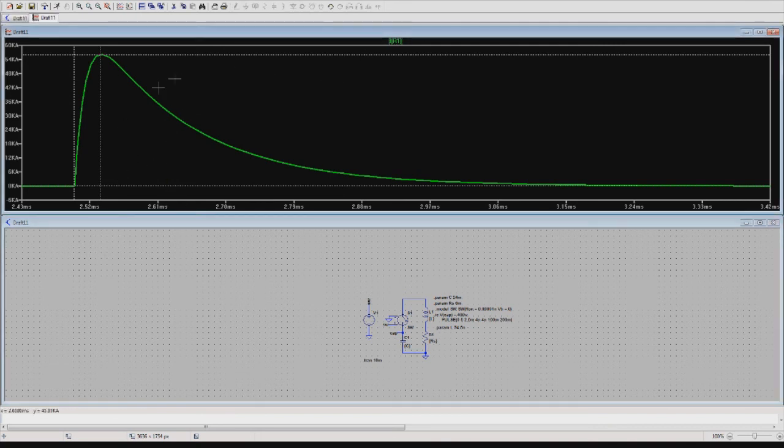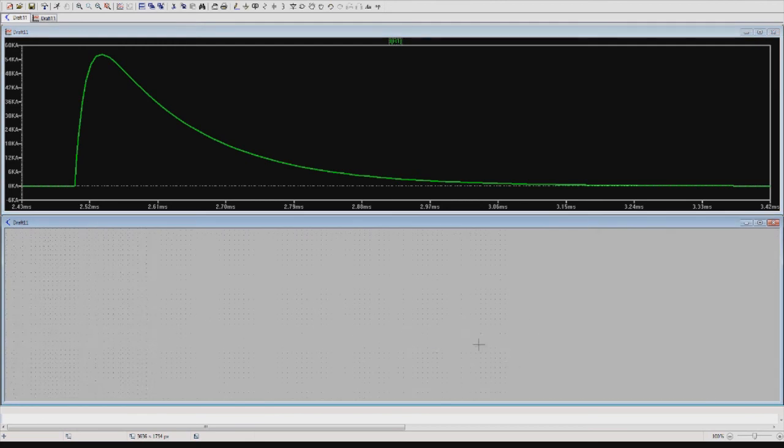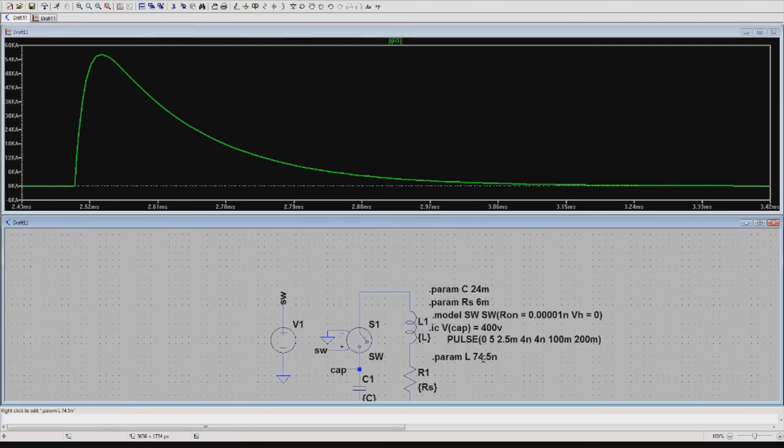And I'm going to copy this curve and show you what the waveforms are that I calculated. But let's see what happens if we increase series resistance.